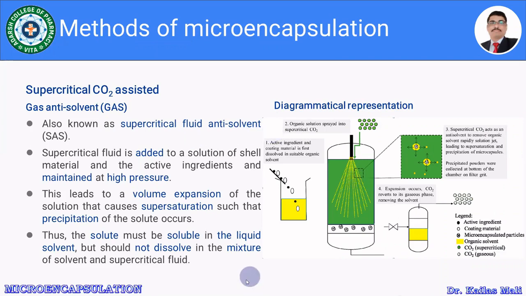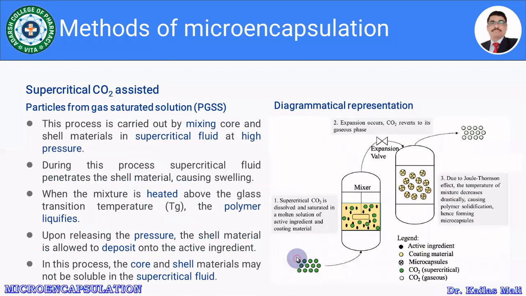Let us move towards the next method, that is known as PGSS, that is the particles from gas saturated solution. Look at the diagrammatic representation. Here this is chamber 1.